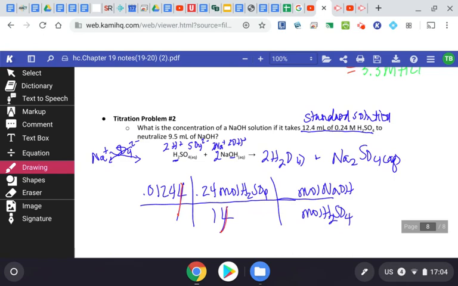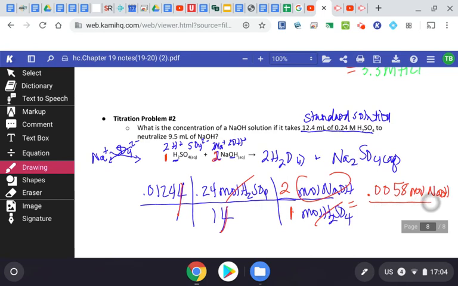The coefficient of H2SO4 is a 1, and the coefficient of sodium hydroxide there was a 2. Now we've figured out moles of sodium hydroxide. So we calculate there 0.0124 times 0.24 times 2. Fewest number of sig figs there is 2, so that rounds to 0.0058 moles of sodium hydroxide.